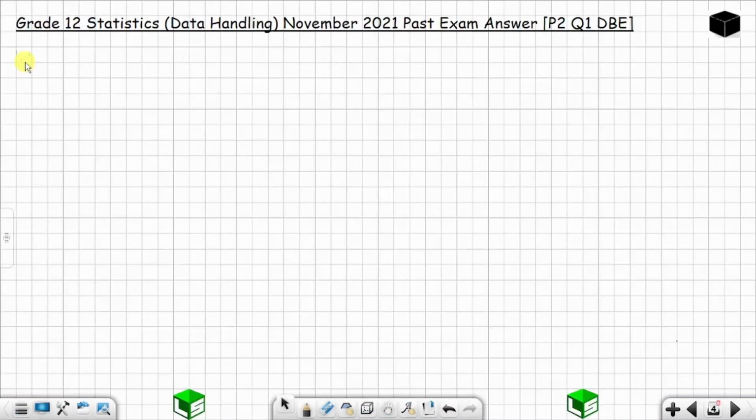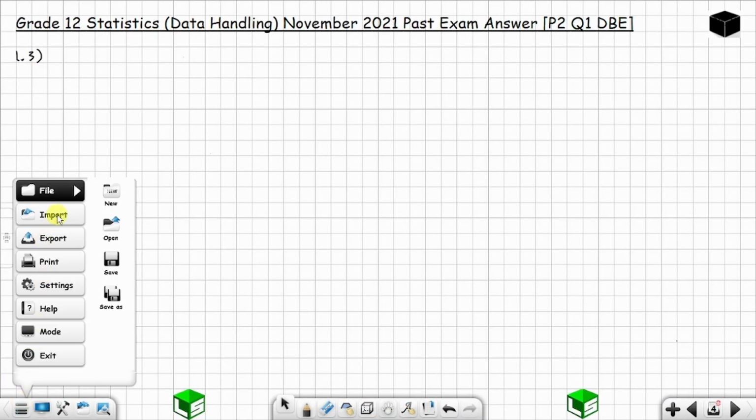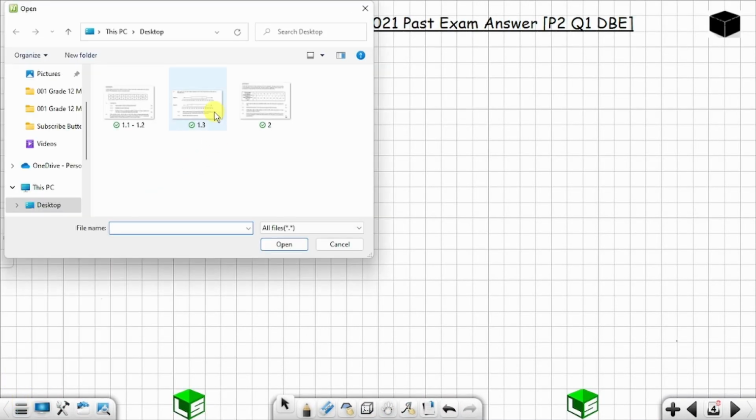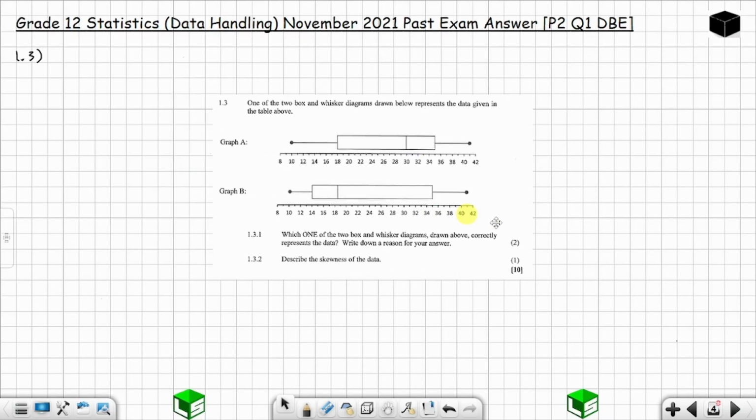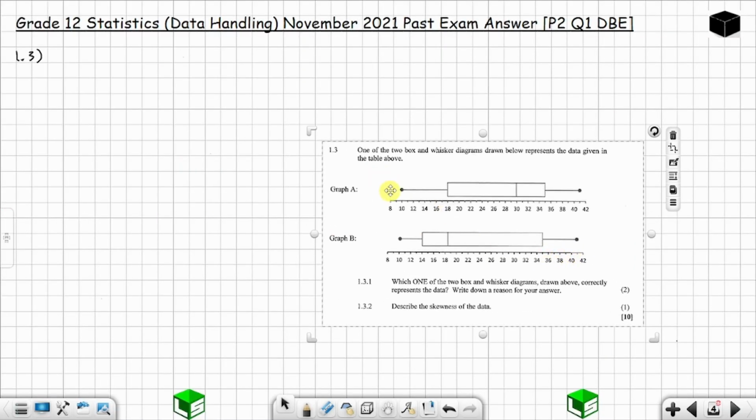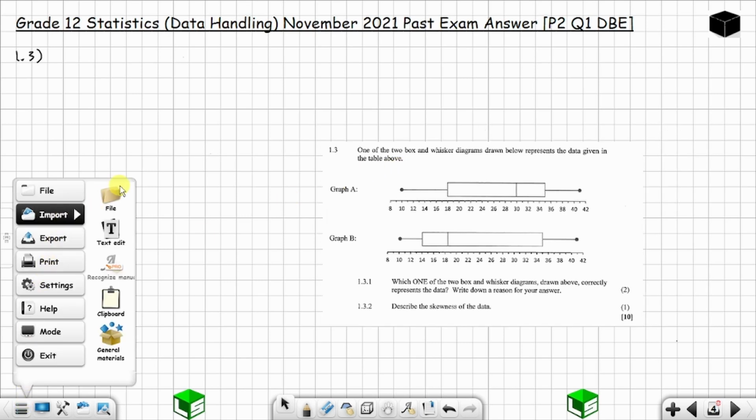Okay, 1.3. So let's get the question. This is the question. Okay. So the question says, one of the two box and whisker diagrams drawn below represent the data given in the table above. Which table are they talking about? So the table is from the question.